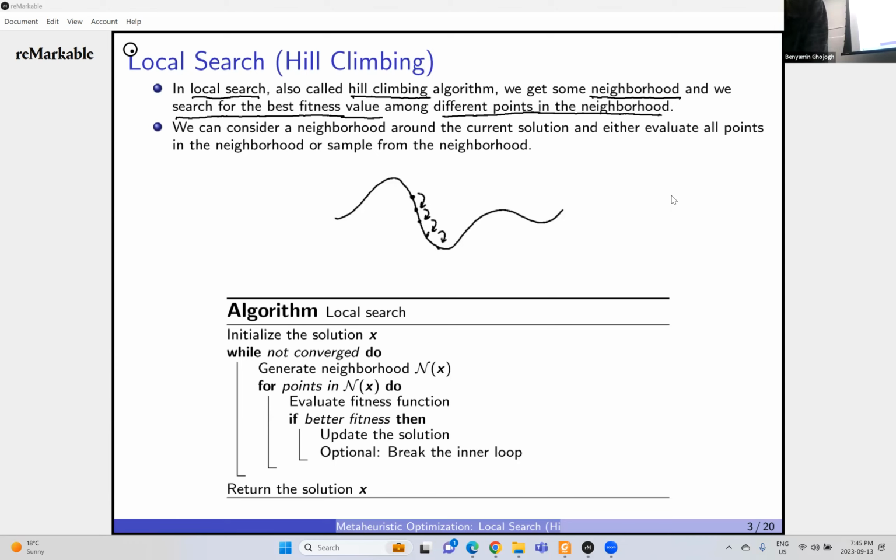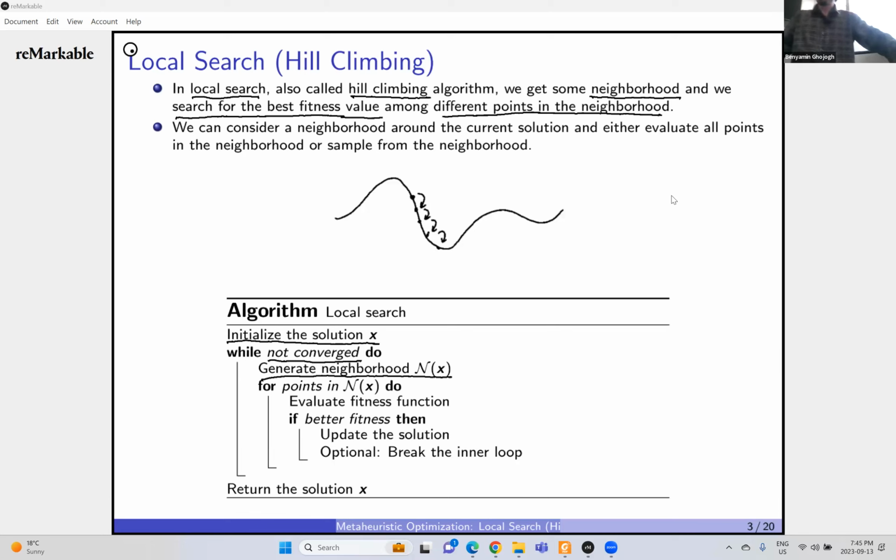Local search: initialize the solution x. While not converged, first, generate neighborhood N of x. So N of x here stands for neighborhood of x, right? It can be any set around x. You define it. Whatever you define, you make a new variant of local search.